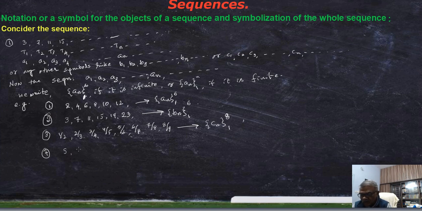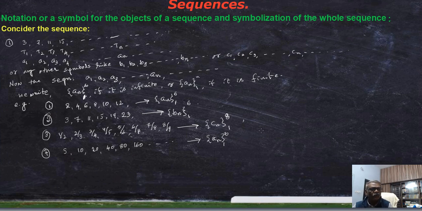And fourth one, 5, 10, 20, 40, 80, 160, so on and so forth. Since it is an infinite sequence, I can write down xn, 1 to infinity, and so on.